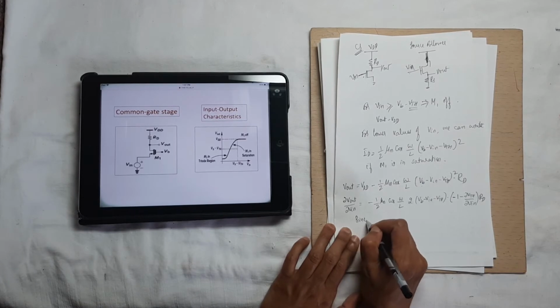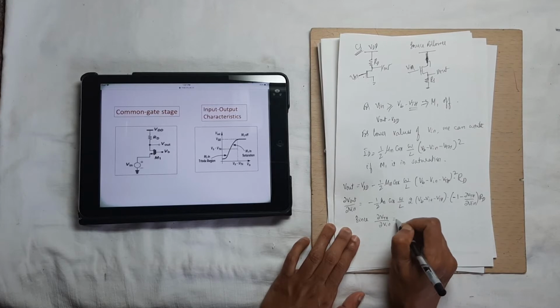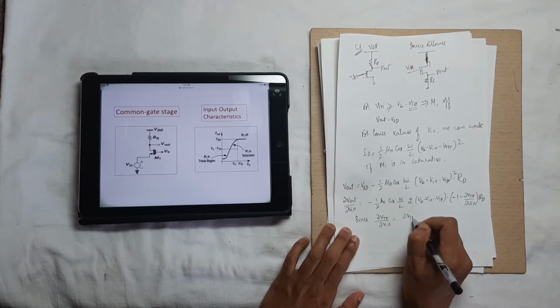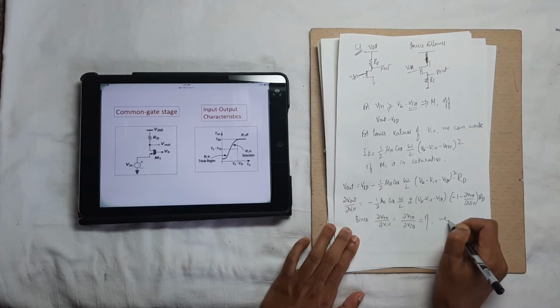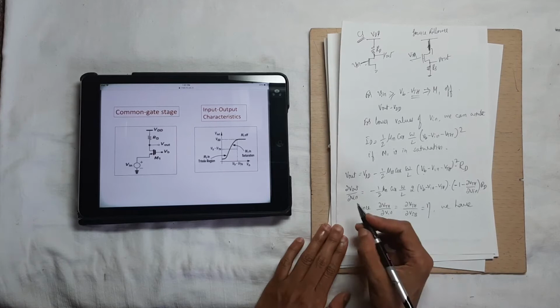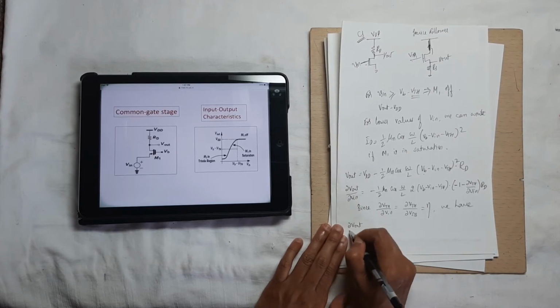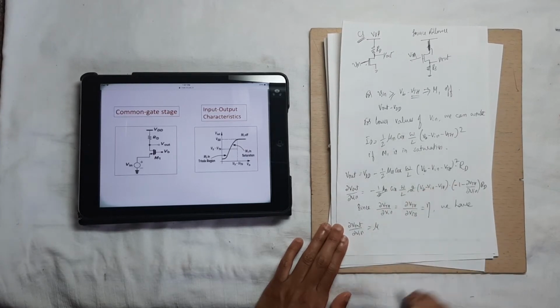Since dou VTH by dou Vin is equal to dou VTH by dou VSB, that is equal to eta, we have dou Vout by dou Vin, where the 2 will cancel out.